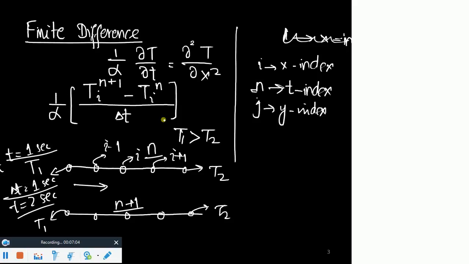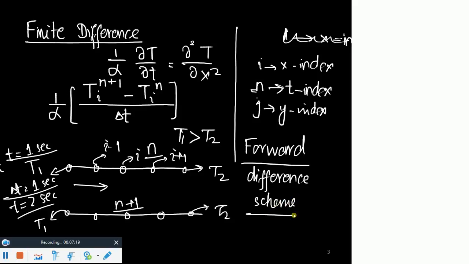So these kind of schemes are known as... I would not go into the detail of these techniques, but just to give you some idea about the finite difference, this is known as forward difference scheme. It means the second level minus the first level, the next level minus the previous level.